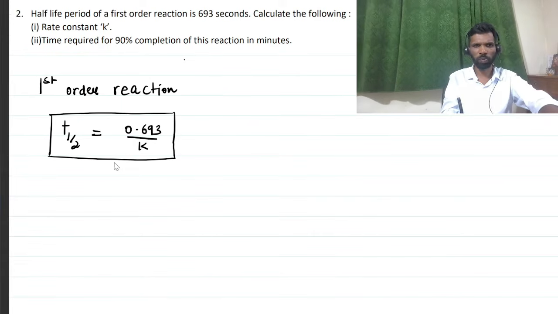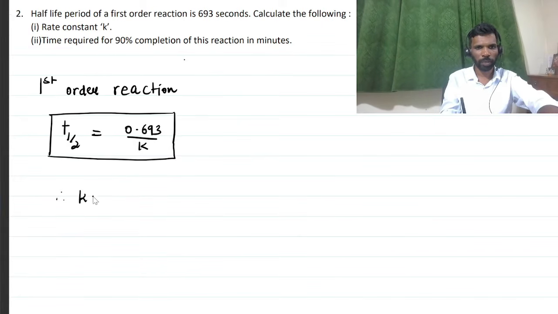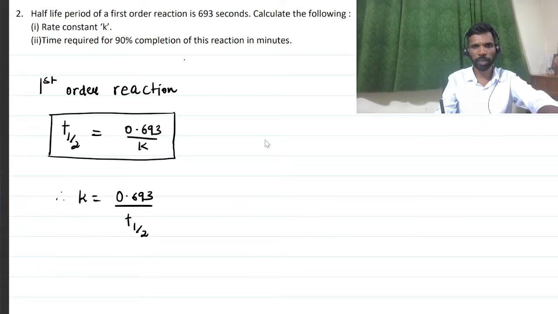So you are told to find K over here. Therefore K will be equal to 0.693 upon T half. Now what is T half? I'll just explain in short.